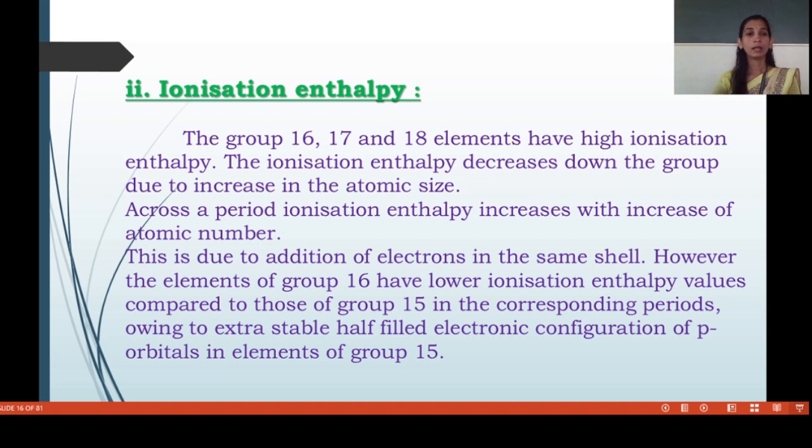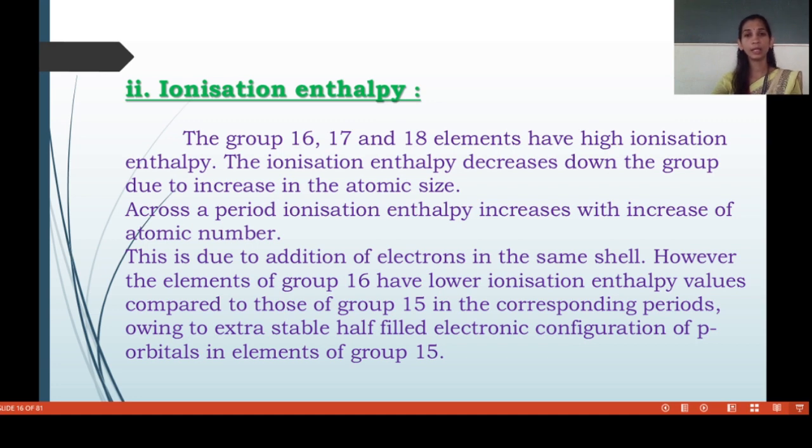The second atomic property is the ionization enthalpy. The ionization enthalpy is very high in all these groups, 16, 17 and 18. The ionization enthalpy decreases down the group due to the increase in atomic size. Across the period, ionization enthalpy increases with increase in atomic number. This is due to the addition of electrons in the same shell.